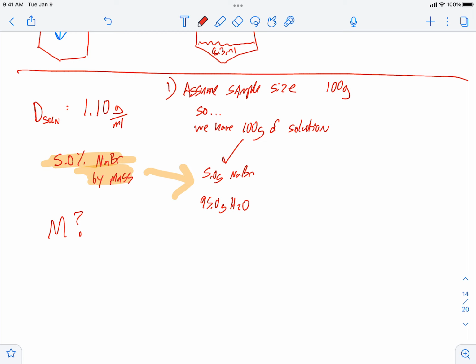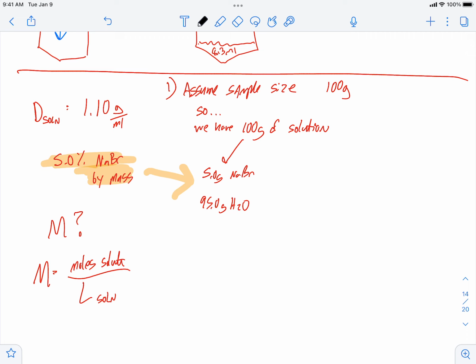All right. So if I'm trying to find molarity, the formula for molarity is moles of the solute divided by the liters of the solution. Okay, so I have a whole bunch of information on here. Which one of these two values can I find next? At least find most easily.